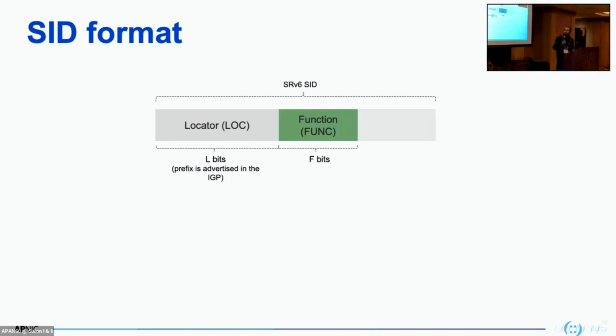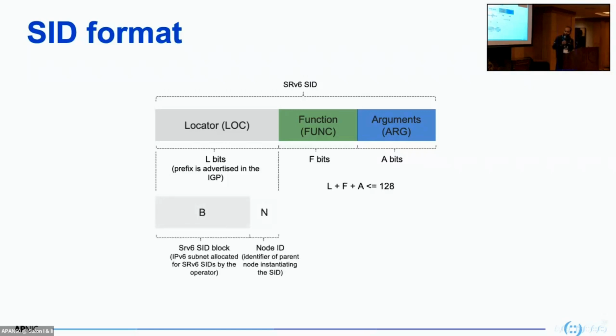Then some bits are called function and some bits are called arguments. Altogether, this has to be 128 bits because it looks like an IPv6 address. Segment routing data plane is IPv6 and the seed looks like an address. If you have less than 128 bits, the remaining bits will be filled with 0 to make it 128 bits.